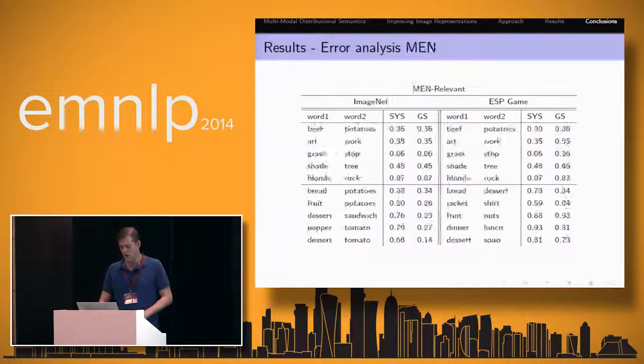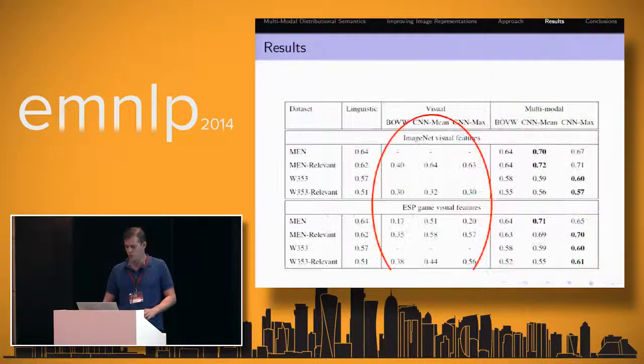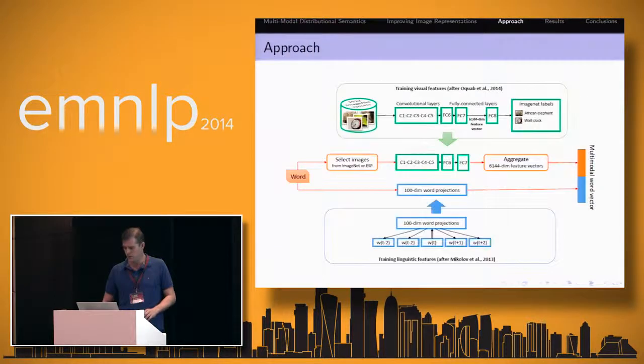Actually, I made a mistake when I said it's 200. If you look at this, it's a 6,144-dimensional feature vector. They're both normalized, and that's why you can concatenate them. So your visual vector has more components. That's the answer to your second question.